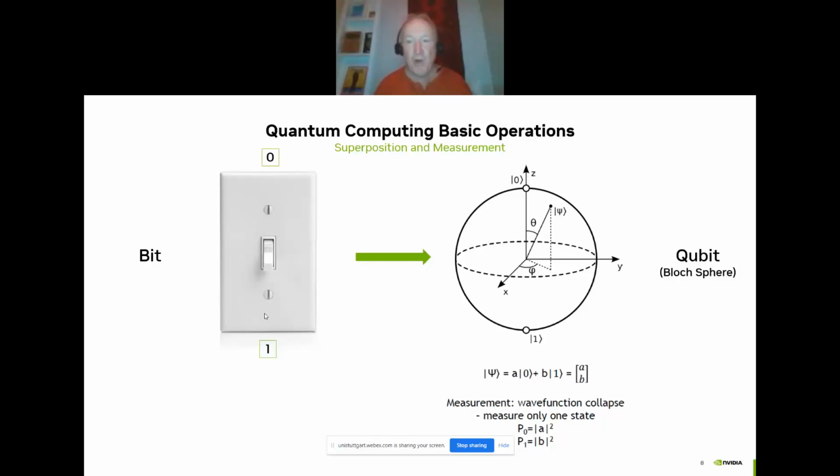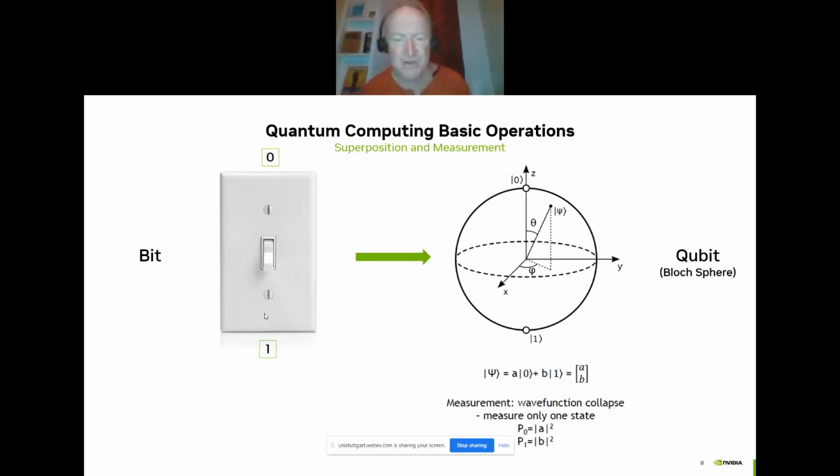It's both a 0 and 1. It's neither a 0 or 1 until you measure it, and you definitely have a 0 or a 1, or a heads or a tails. So that's the superposition principle.